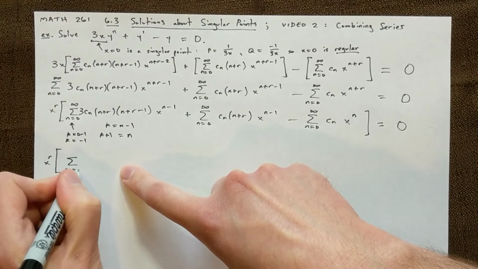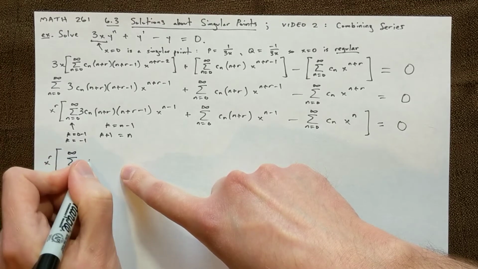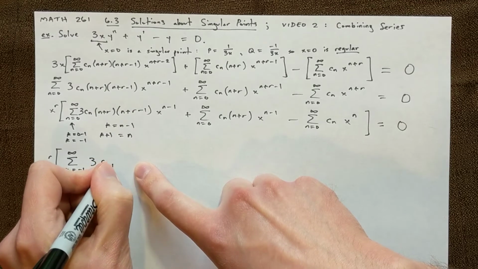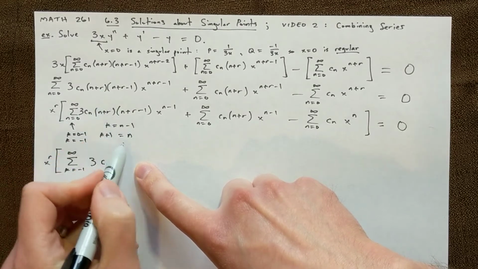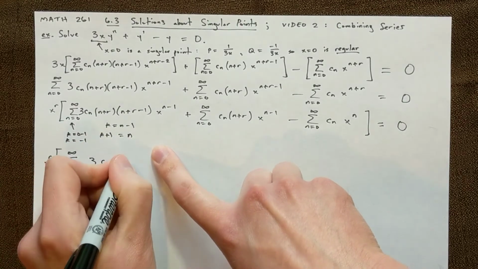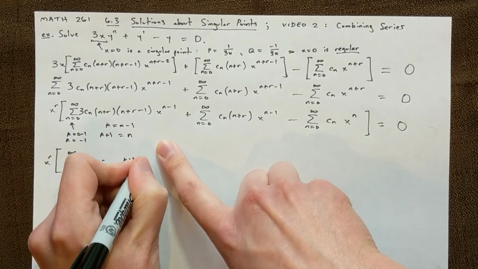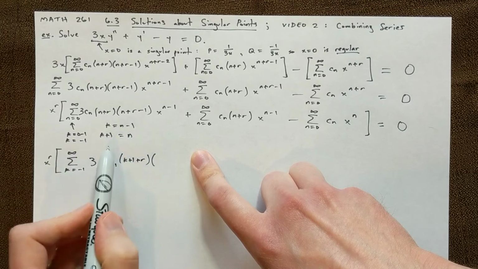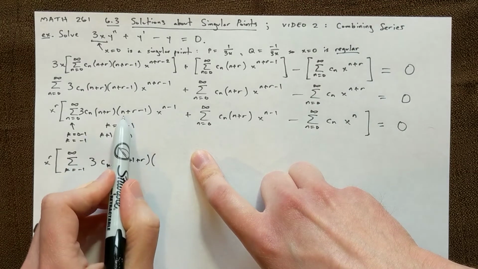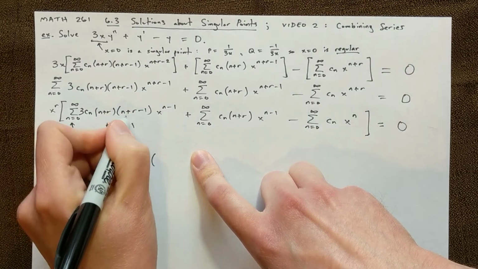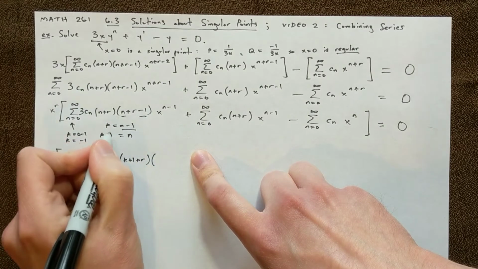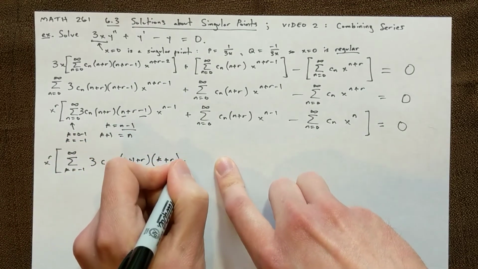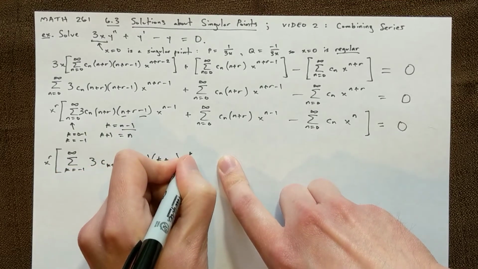So k equals negative 1 to infinity, 3 times cn, which is c k plus 1, n plus r would be k plus 1 plus r, and n minus 1 is going to turn into a k, so we'll have k plus r. And then x to the n minus 1 is x to the k.